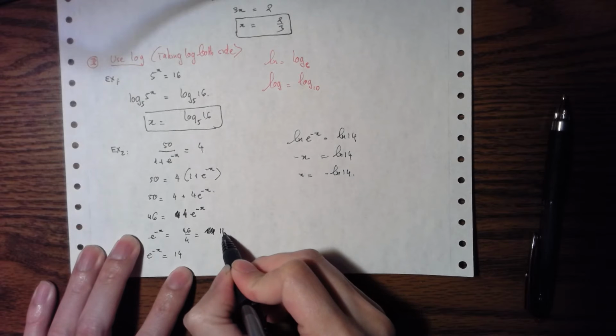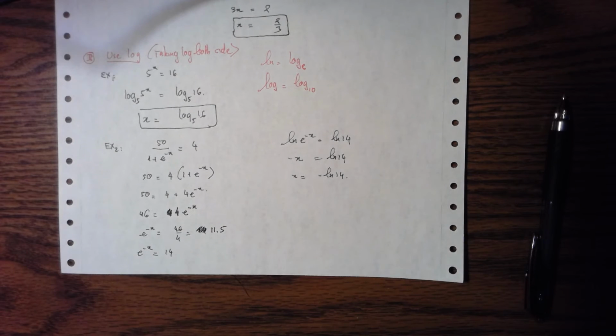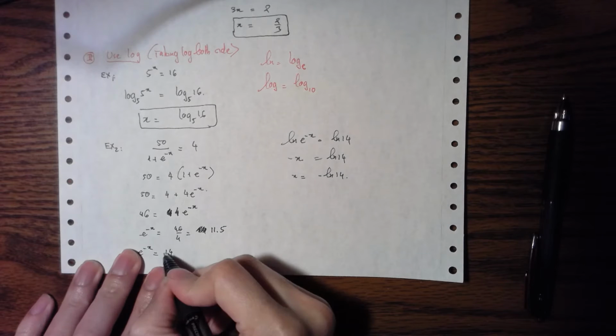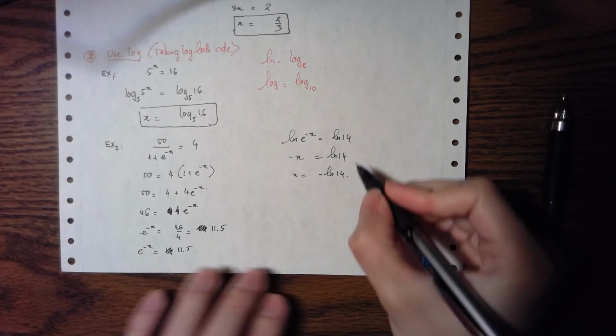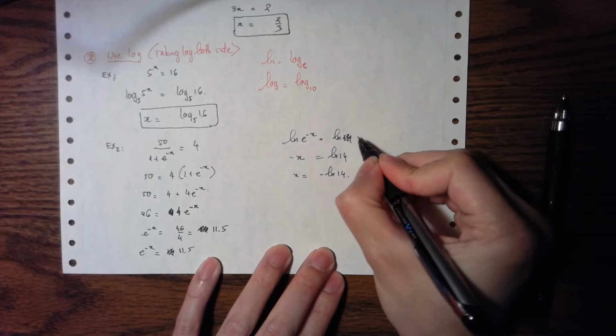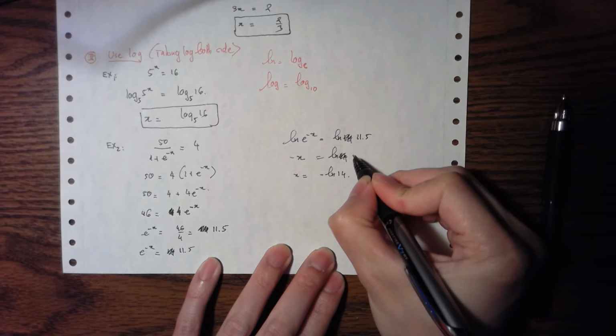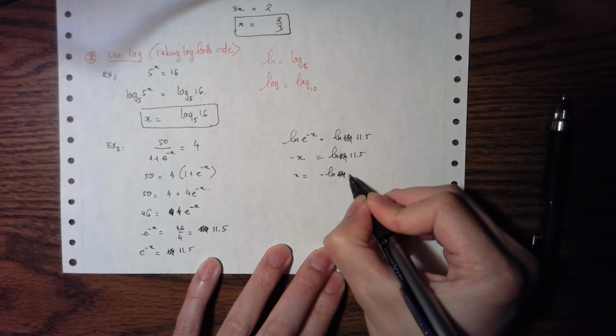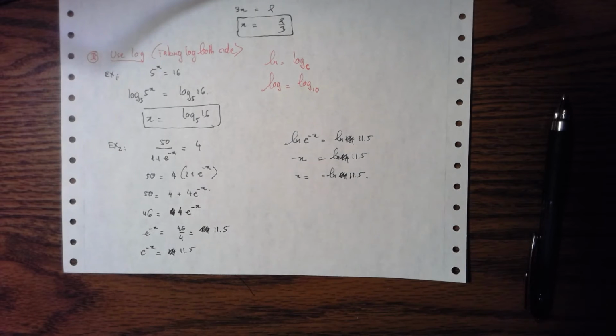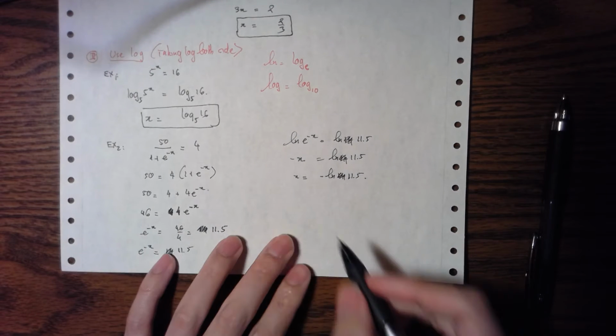So it's ln 11.5. So the answer will be x equal to negative ln 11.5.